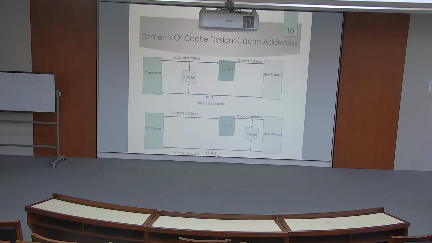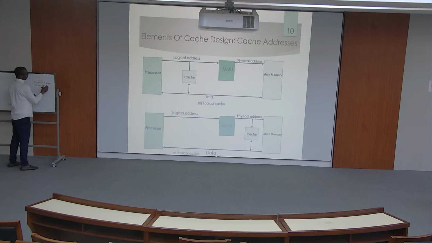We now have logical addresses which can be used to get access to the data in the cache memory, and it does not require the interaction of the memory management unit. So we have cache memory here placed between the processor and the memory management unit, MMU.